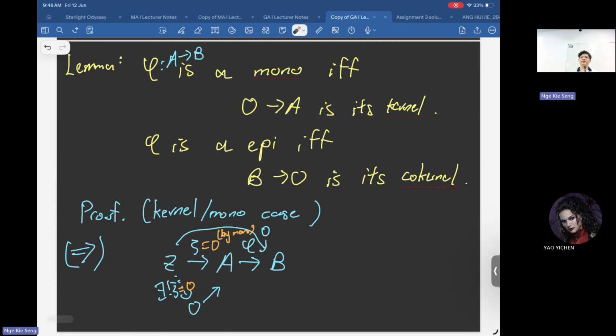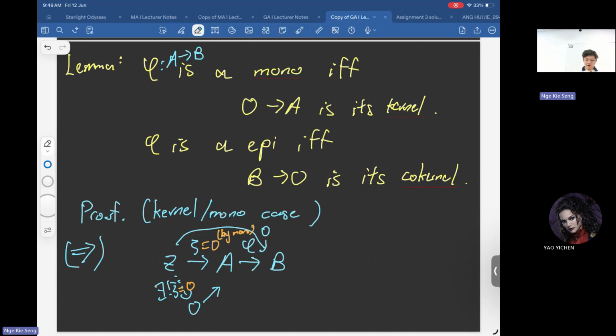Does it make sense? Because Z is 0 by monomorphism, and then the map factors through, and this unique map here is just the 0 map. Z to B is 0.